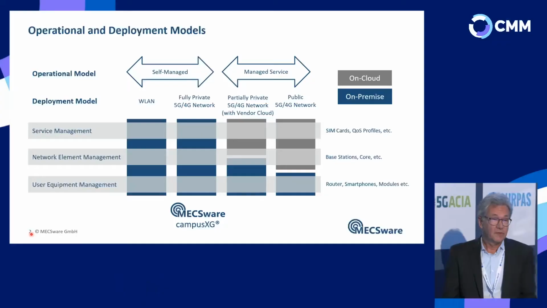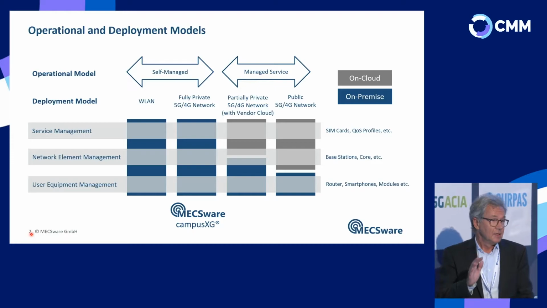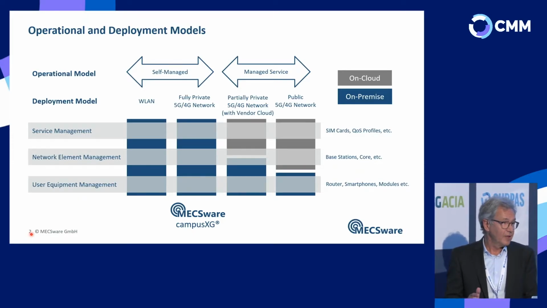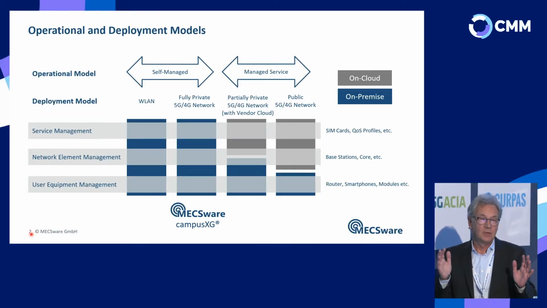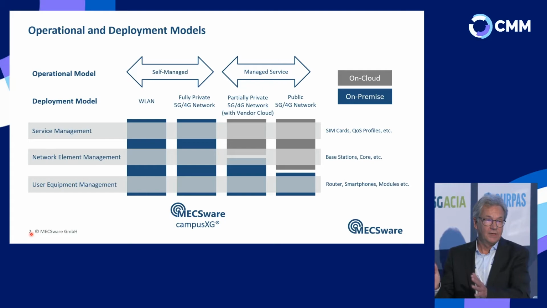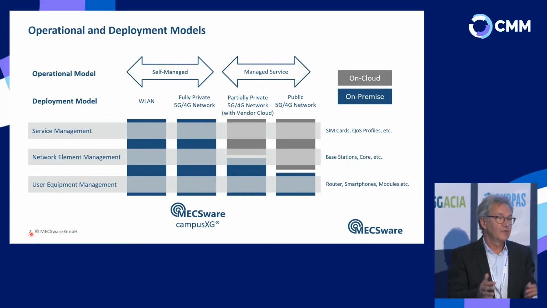If we look at 5G campus networks, they are not all the same. The architectures are not the same, and the deployment models could be different. First of all, there's a big difference in how the functionality is distributed: functionality that might be in the cloud on the internet, and functionality that should be locally on site, on premise.